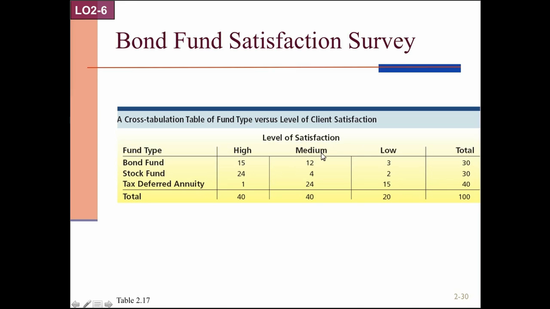So you have high, medium, low. From the first one, you can see most of the customers were satisfied, 15 and 12. The second one, also they were very highly satisfied. However, the third one, as you can see, the low and medium have the biggest number.